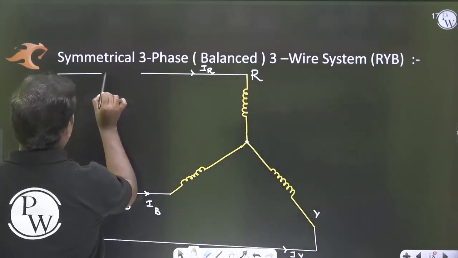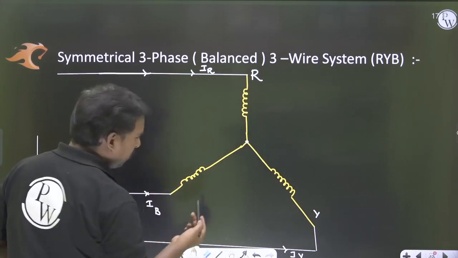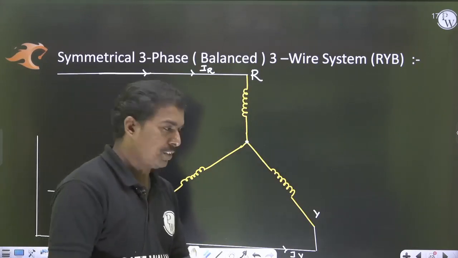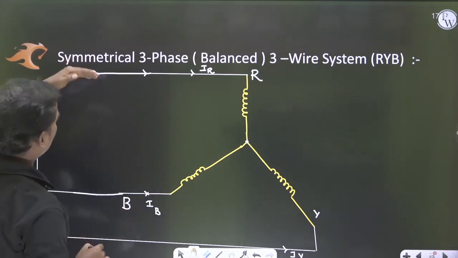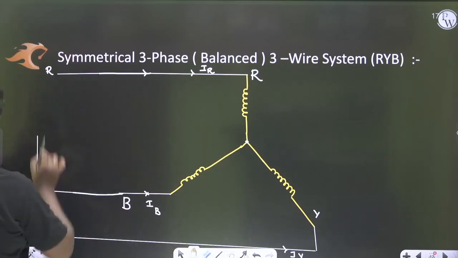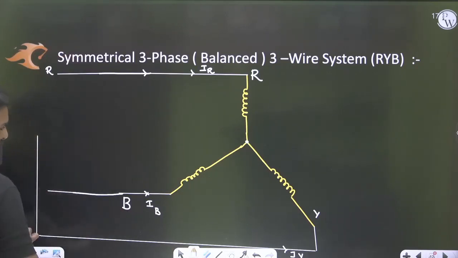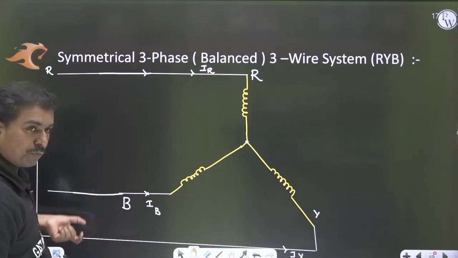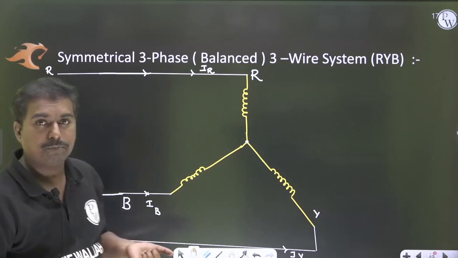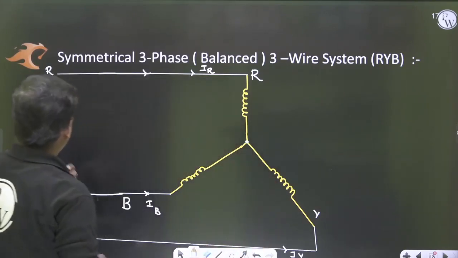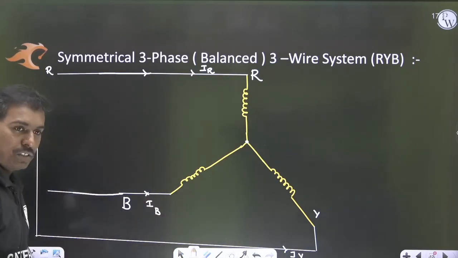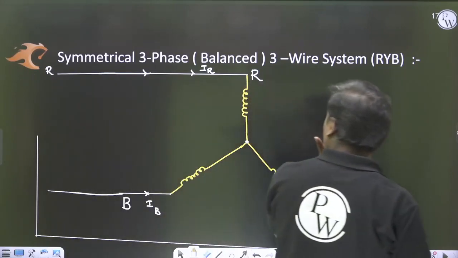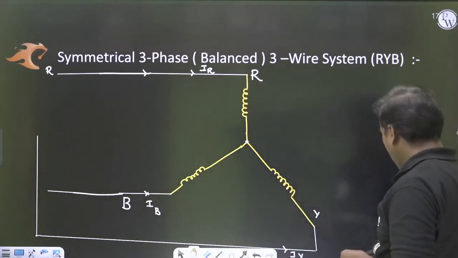Now if I want to measure the power by using 2 wattmeters, I can connect 1 wattmeter between R and B and another wattmeter between Y and B, so that I measure the 2 wattmeter readings. I will show you that in the coming diagram. By using the 2 wattmeters, we can measure the symmetrical 3-phase 3-wire system, which does not have any imbalance in neutral line.